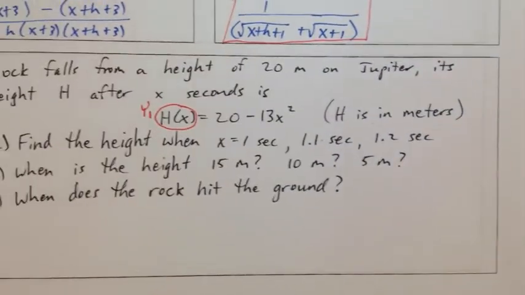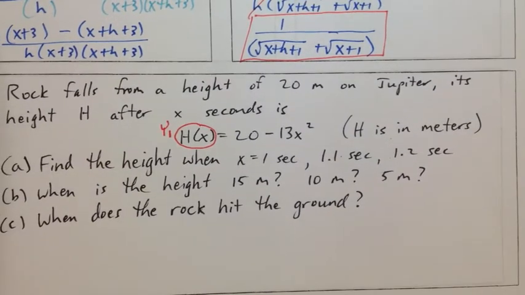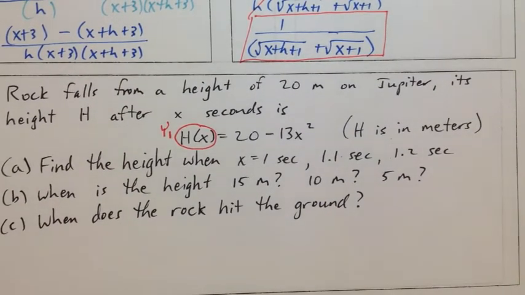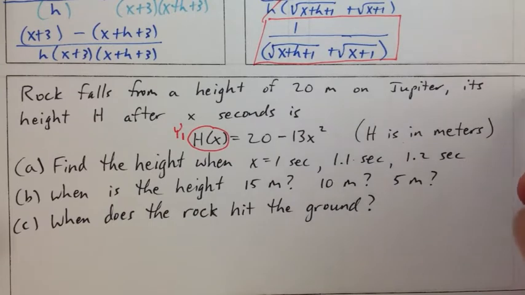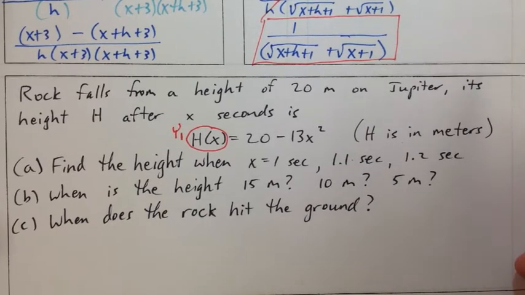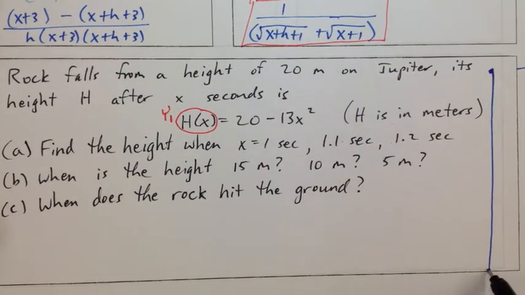If you look at the problem, just to get an idea, you've got a rock up on Jupiter, and someone standing up on Jupiter, as if that could happen. So right up here, let's say that's the 20 meter mark. Let's draw a line all the way down like that.